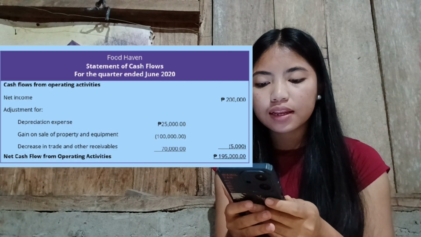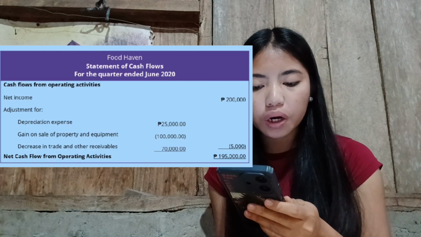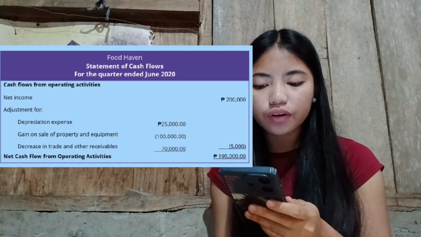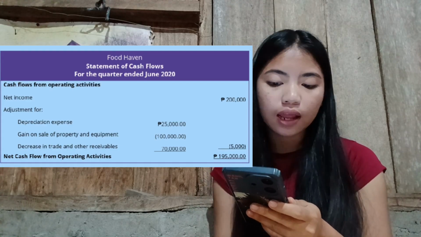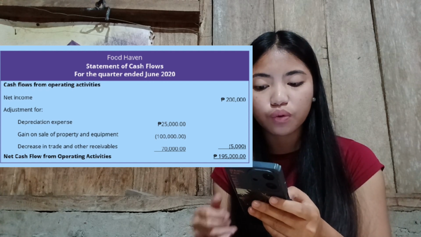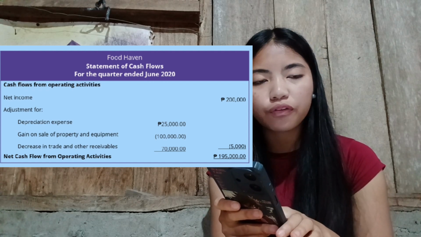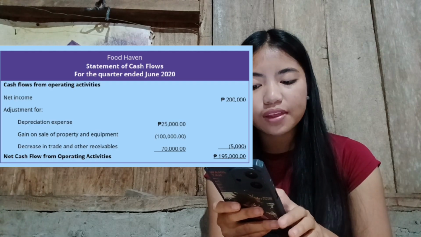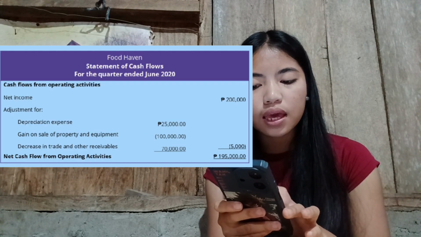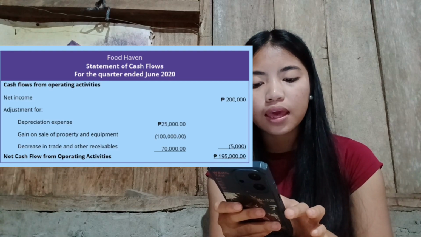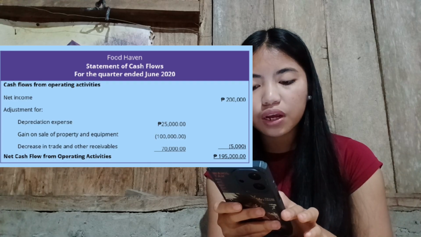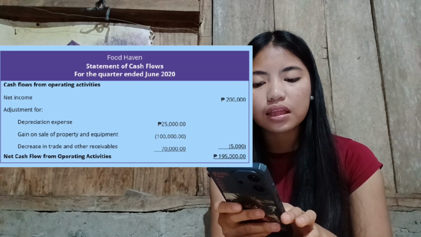Now we have here the table for Food Haven, the statement of cash flows for the quarter ended June 2020. So as what you observe, cash flows from operating activities ra ang naa kay maura ni ang gaman nila og statement of cash flows. So we have here the net income of 200,000 pesos, adjustment for depreciation expense of 25,000 pesos, gain on sale of property and equipment of 100,000 pesos, decrease in trade and other receivables of 70,000 pesos.